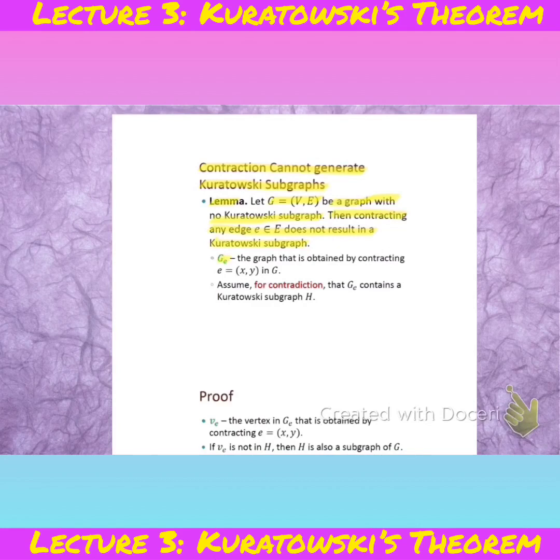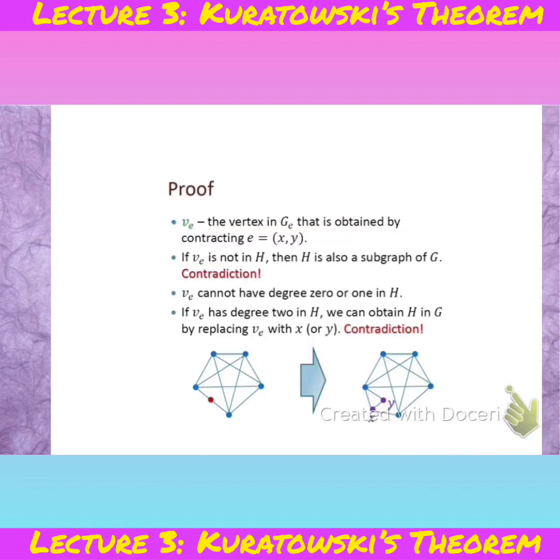So we are going to assume for contradiction purposes that the graph G does have an edge such that the contraction yields a Kuratowski subgraph, and let's call that Kuratowski subgraph H. Alright, so how they prove it is you take the vertex V subscript E, the new vertex that you formed.